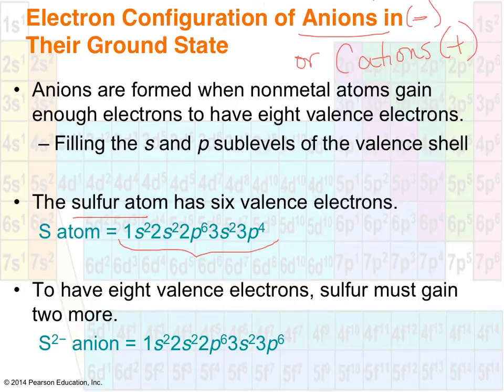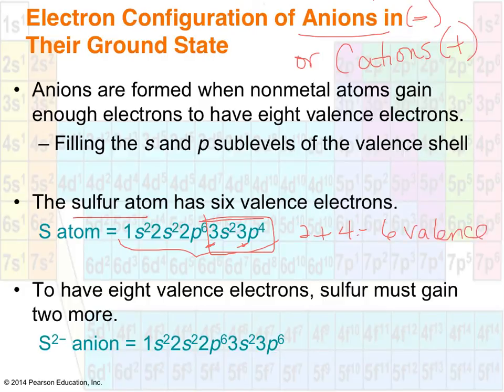If I were to ask how many valence electrons sulfur has, and you didn't have a periodic table in front of you, just the electron configuration, you would look for the highest energy level, which in sulfur's case is 3. You would count the total number of electrons in that energy level: 2 plus 4, so there are 6 valence electrons.